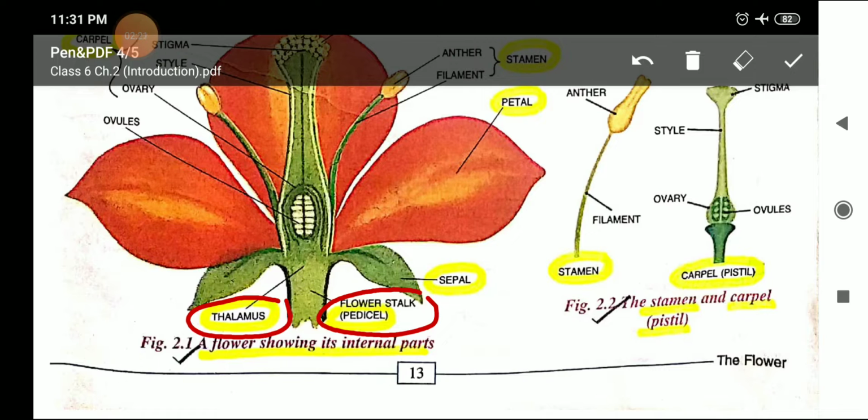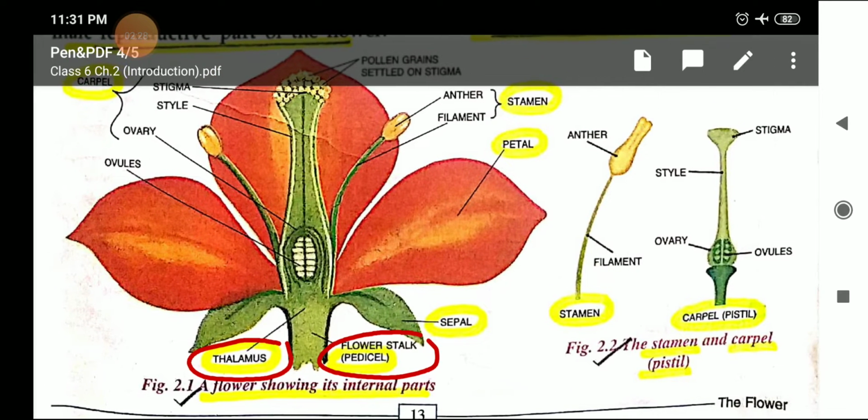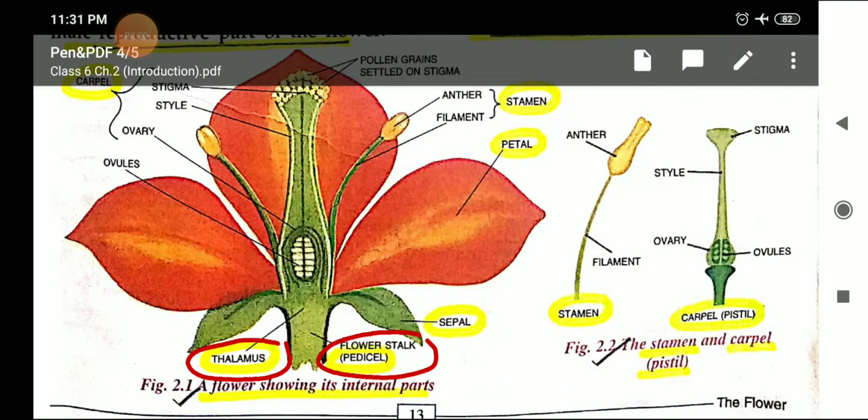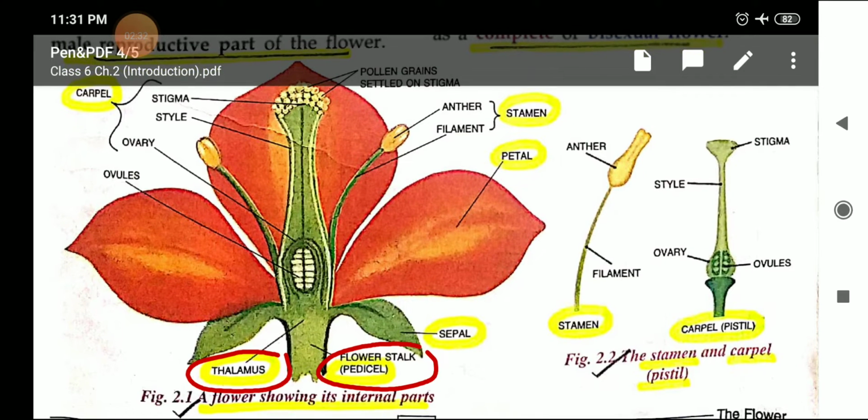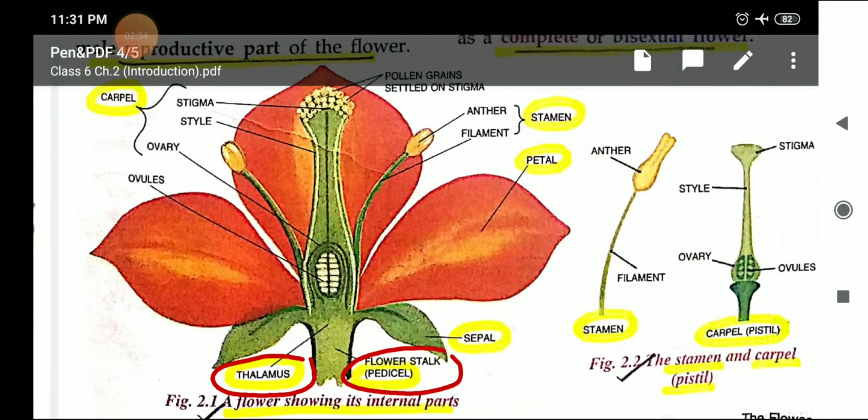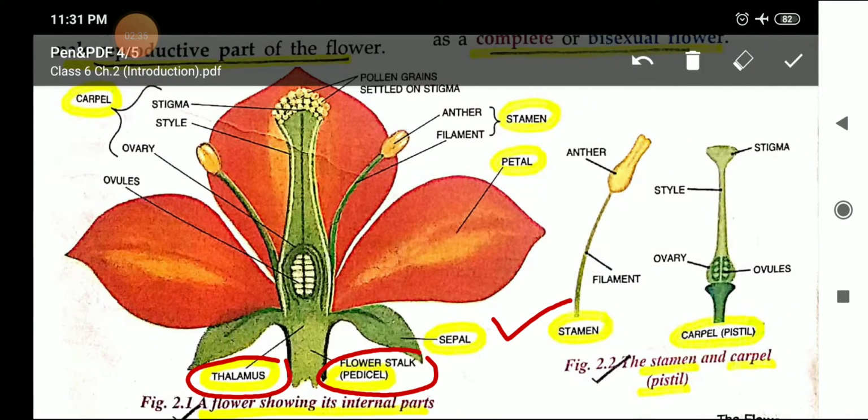Now let us discuss the four main parts of the flower. The four main parts of the flower we are going to discuss one by one. The first one, sepal, second, petal, third, stamen, fourth, carpel.